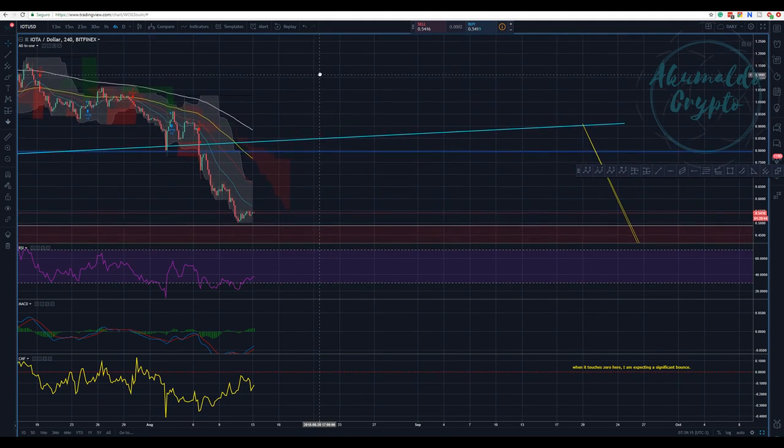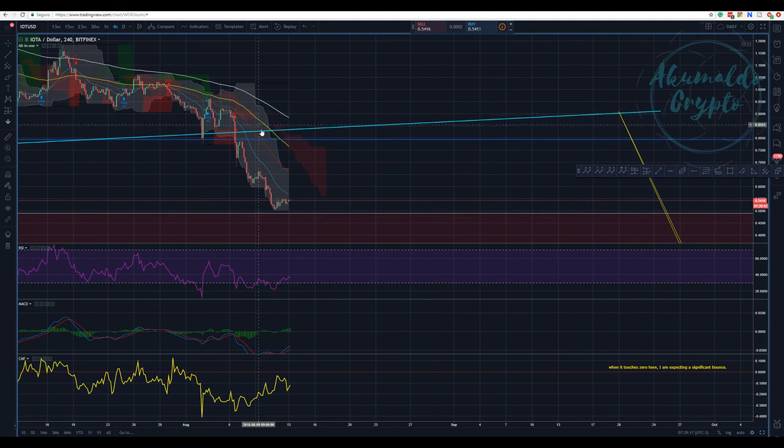So as you can see here, you need to understand EMA. You need to understand that this is a 21, 55, 100 EMA, the 200 EMA, and they are gonna act now as a resistance because all the price action is below the 21 EMA.